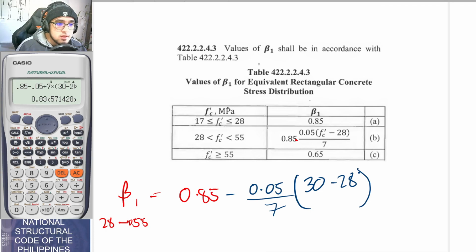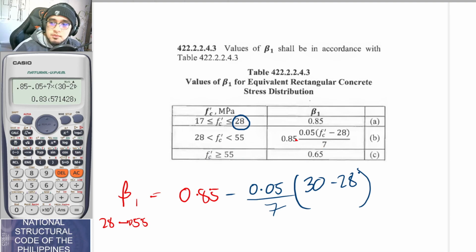So once again, you do not need to memorize this equation as long as you know the principle that for every 1 megapascal that you will be increasing from 28, magbabawas ka ng 0.05 divided by 7. Up until, of course, yung 55 natin. Kasi yung 55 natin yun yung limit. If it is, let's say, 60 megapascals already, that is to be stuck at 0.65.